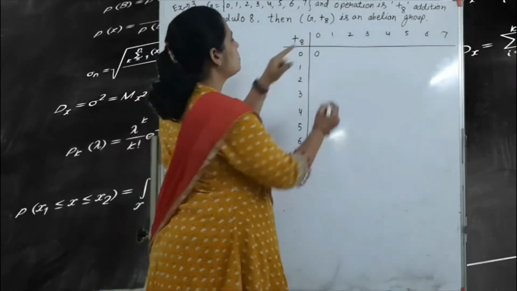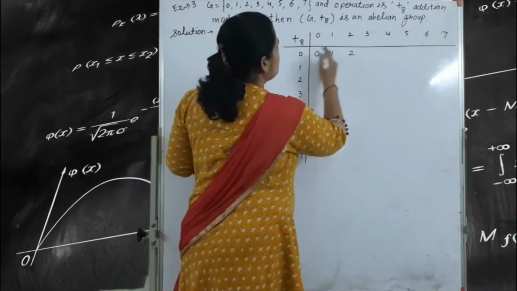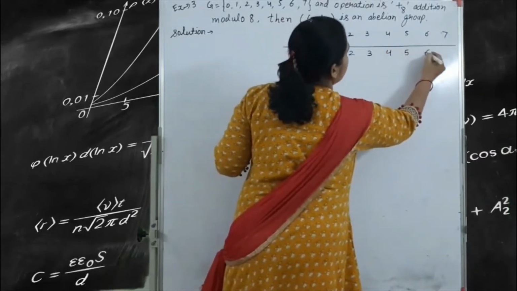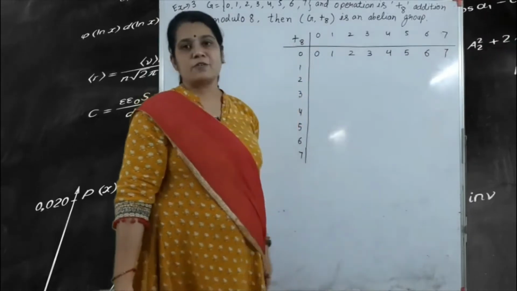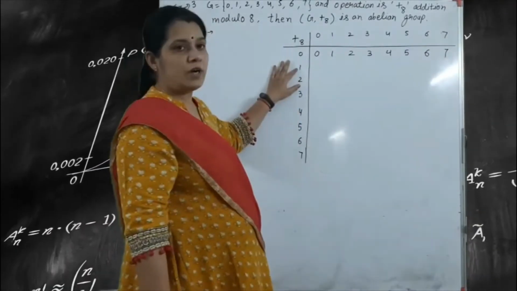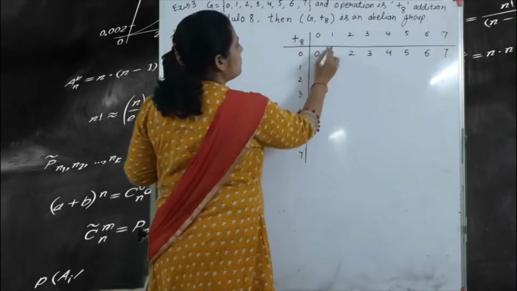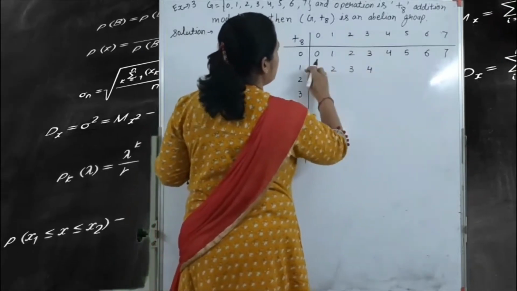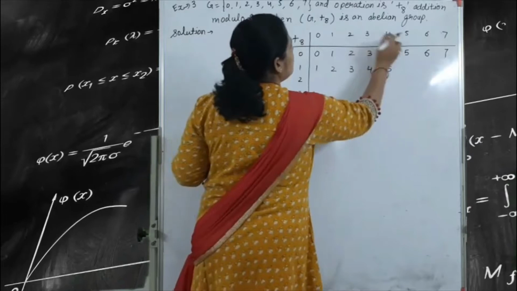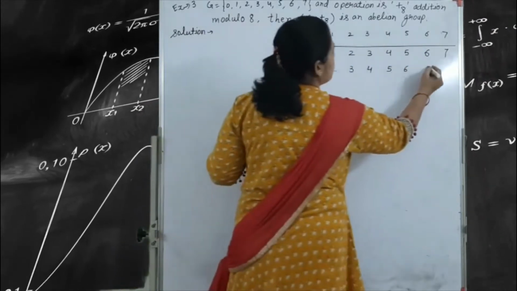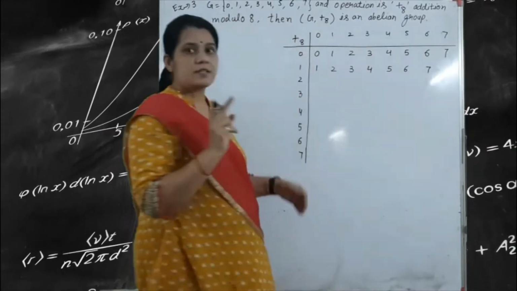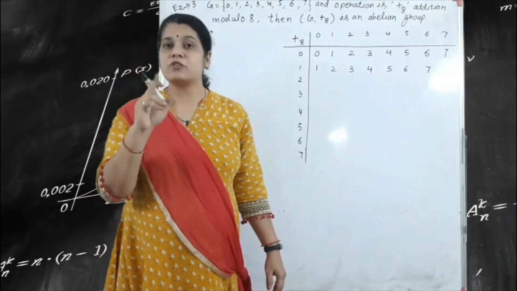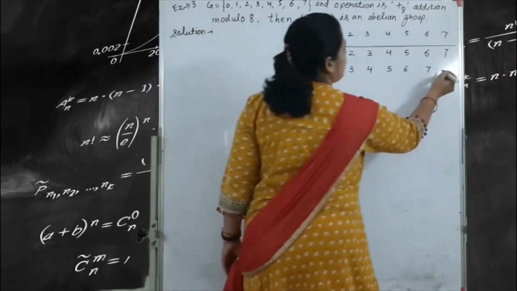So 0 plus 1 is 1, 0 plus 2 is 2, 0 plus 3 is 3, 0 plus 4 is 4, 0 plus 5 is 5, 0 plus 6 is 6, and 0 plus 7 is 7. Next is 1: 1 plus 0 is 1, 1 plus 1 is 2, 1 plus 2 is 3, 1 plus 3 is 4, 1 plus 4 is 5, 1 plus 5 is 6, 1 plus 6 is 7, and 1 plus 7 is 8. 8 divided by 8 has remainder 0, so we write 0.